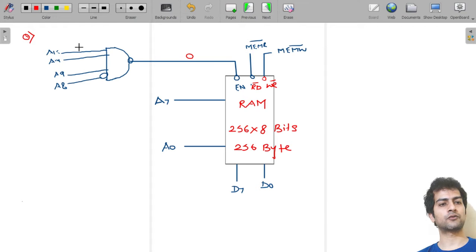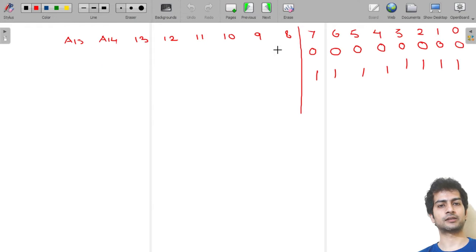So to get 1, what we require is 1 everywhere. A15 to A9 should be 1, and here we have to put 0, then only it will get inverted and become 1, and then here we will get 1, and here we will get 0. So I think this is clear. It is easy. So we will write it like this: at A8 we will get 0, and the rest will be 1.